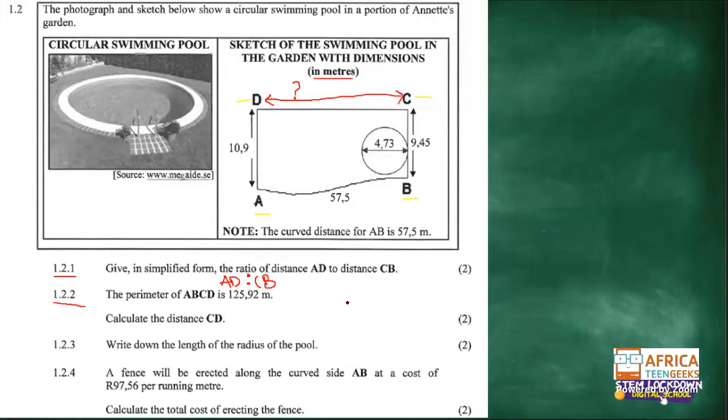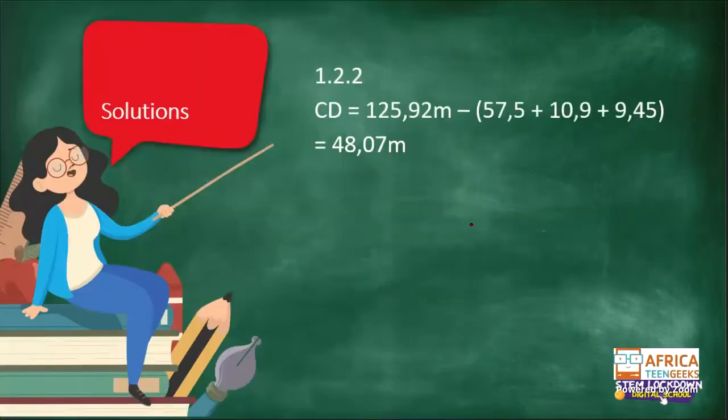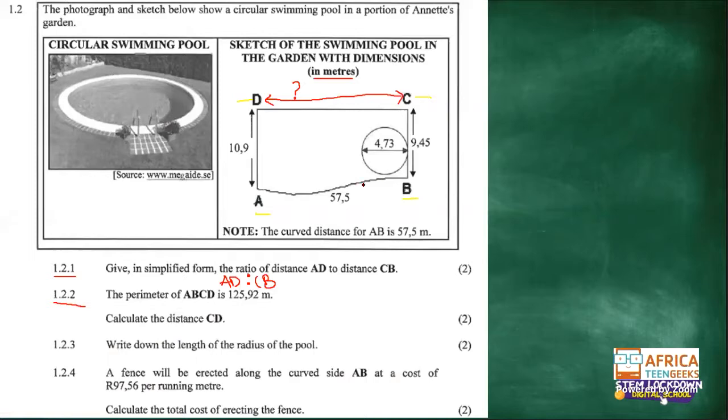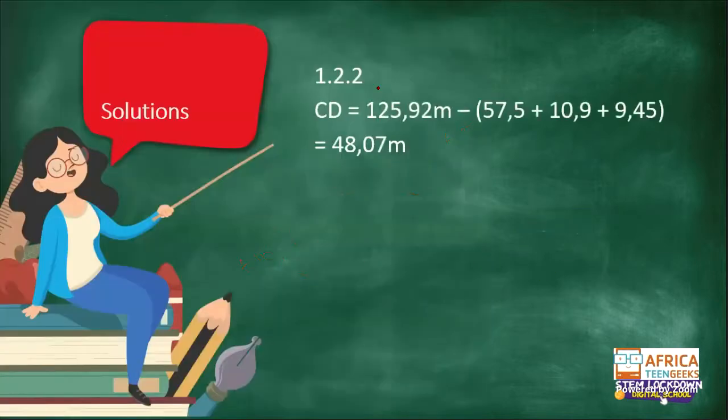So for number 2, the total perimeter, which is 125.92, subtract all the other sides. Subtract this side, which is 57.5, subtract 9.45, subtract 10.9, and then you get the missing side, which is what I did. So the correct answer is 48.07. Well done, Jessica, for that one. Good work.